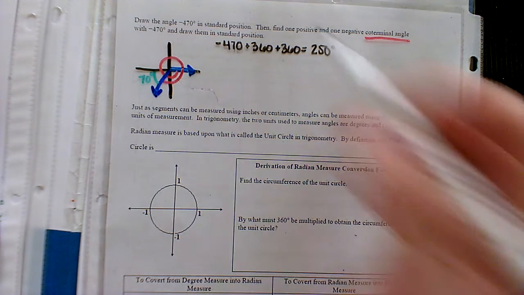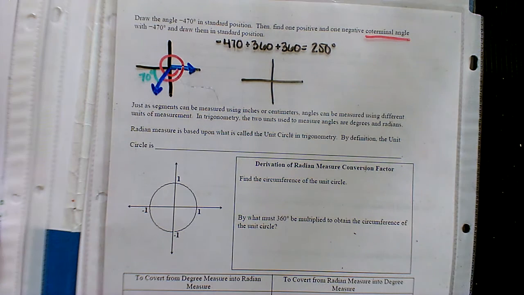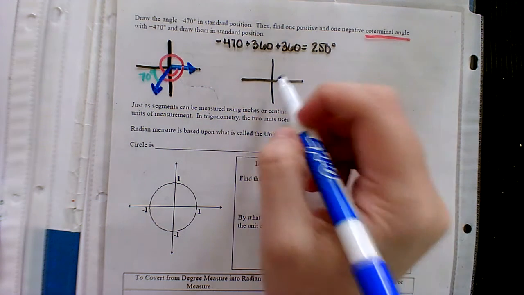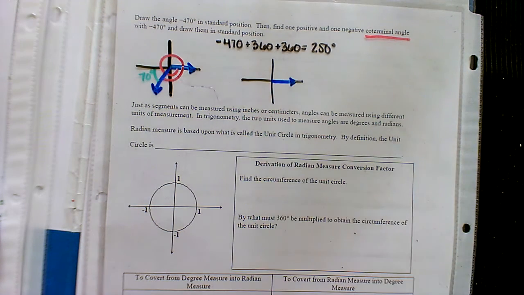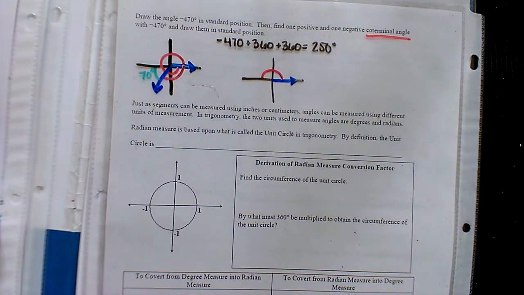We have 250 degrees. So let's go ahead and try to draw what that would look like in standard form, using this quadrant system to help us graph it. So we will start on the initial side, and then if we're going to graph positive 250, that means we have to travel counterclockwise. So if we go a half of a circle, that's 180.